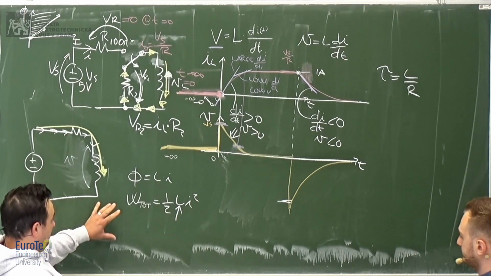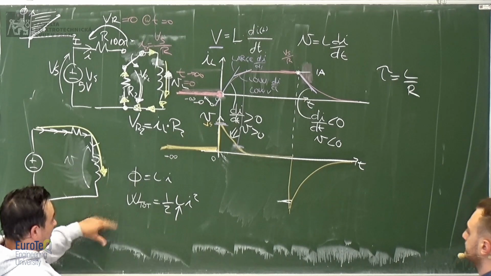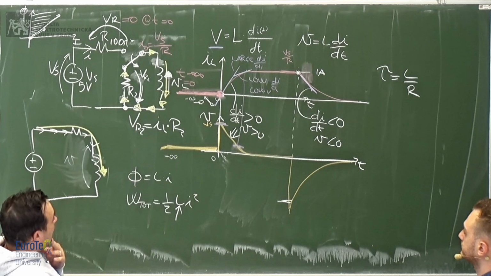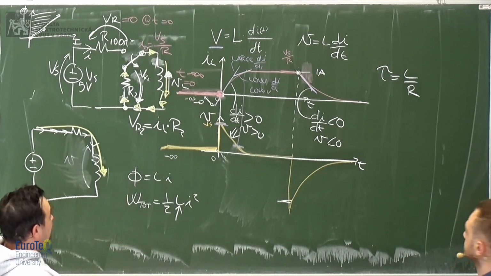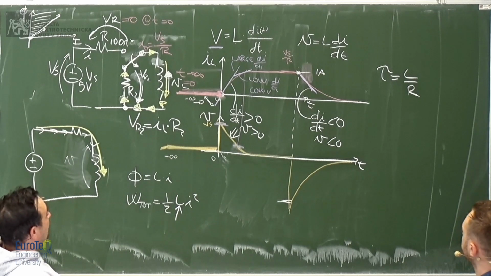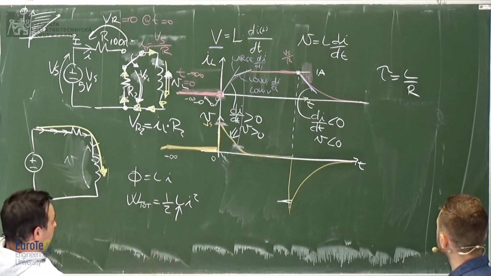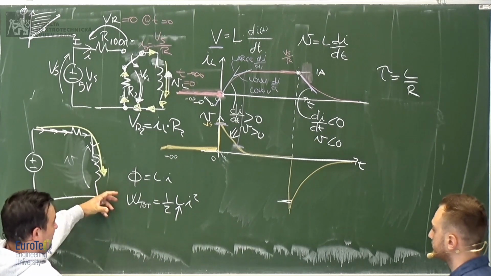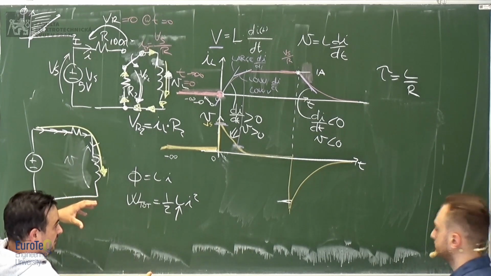Okay, so if you have a large inductance, it means it takes longer to energize, because you have to put more energy inside the inductor. What about R? If we have a bigger inductor, we have a larger energy, so we need more time to charge it up. So it means that tau is bigger, okay?